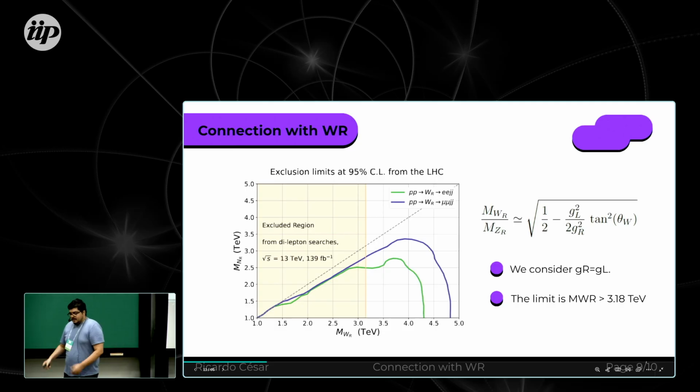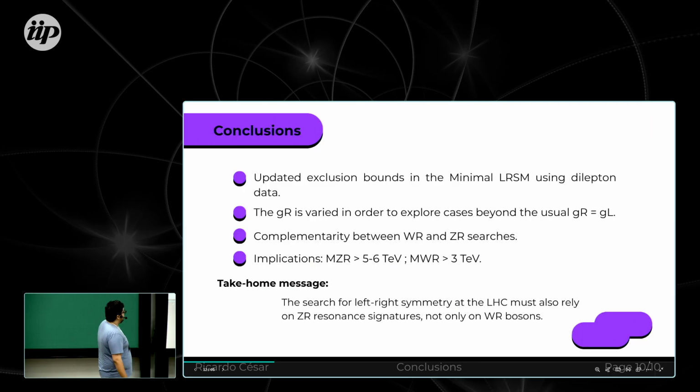So we can limit other parts of the parameter space which are not limited using normal searches for WR bosons. Okay, and the limit that we found for this case is that the mass of the WR boson is greater than 3.18 TeV.